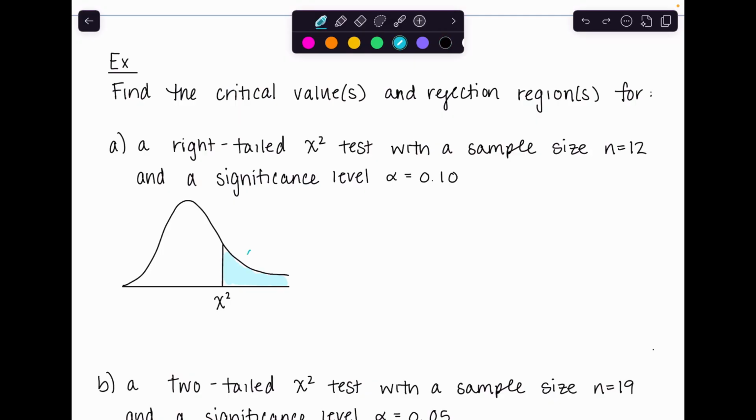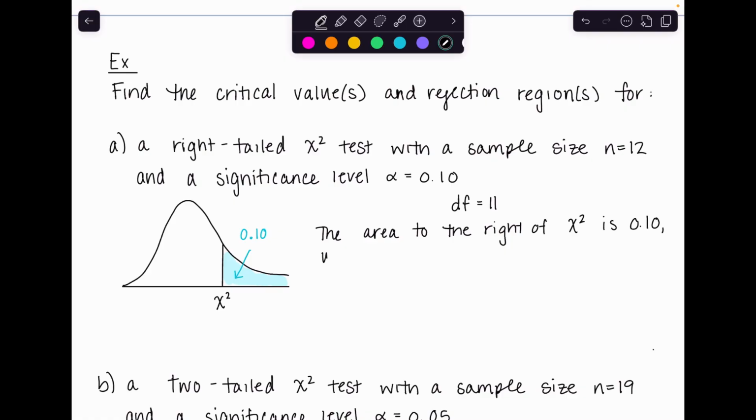Since it is a single value, our significance level is 10%, so this area should be 10%. The sample size is 12, so our degrees of freedom is 1 less. That is 11. Using my chart, I want the area to the right of this value, so the area to the right of the critical value is 10%.